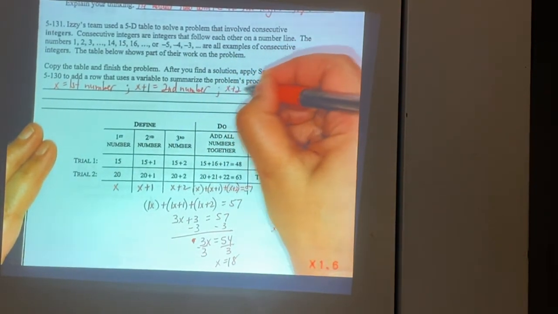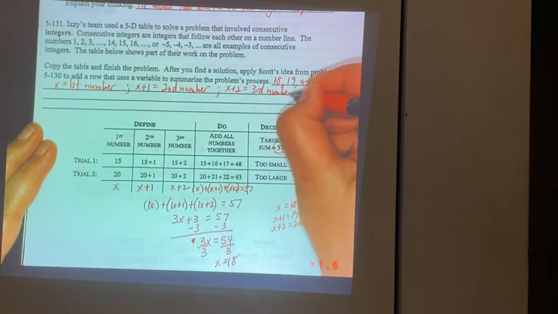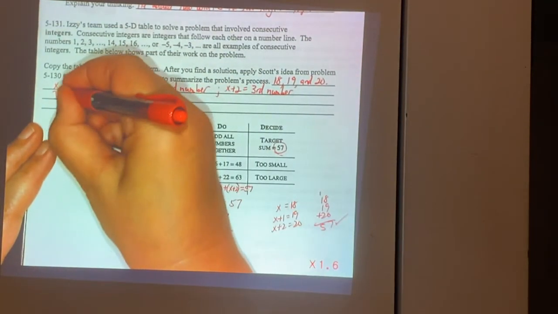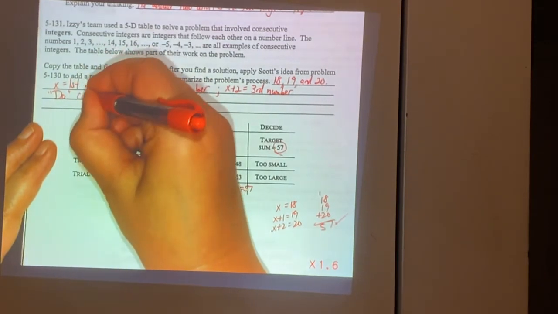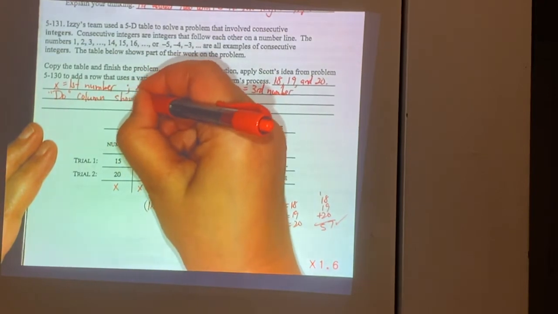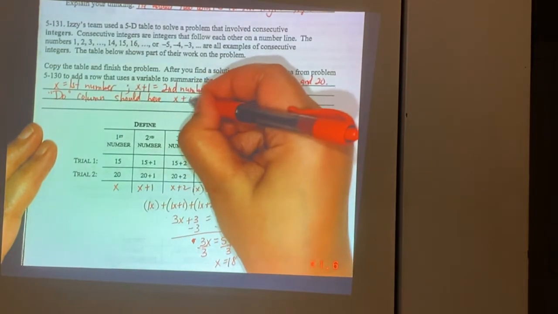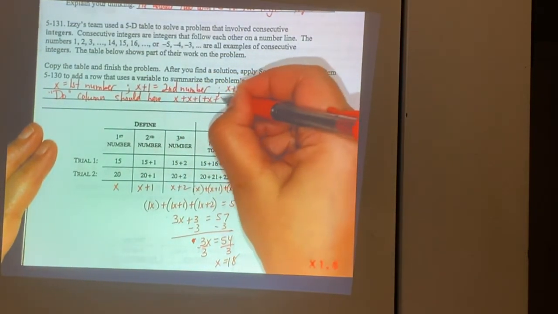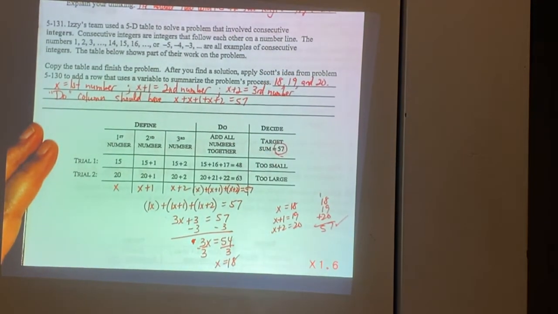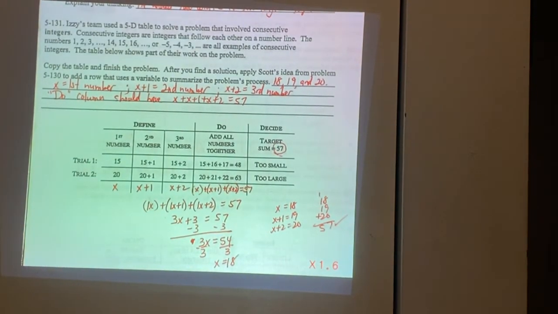And x plus 2 equals the third number. The do column should have x plus 1 plus x plus 2 equals 57. Go to the next page.